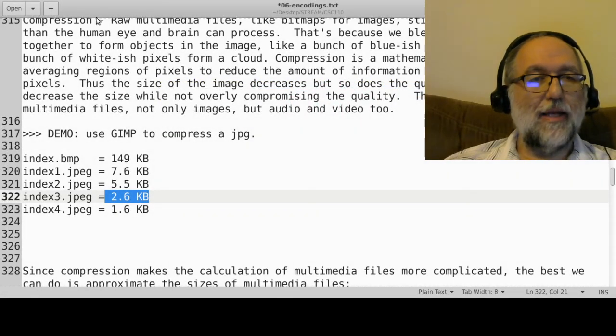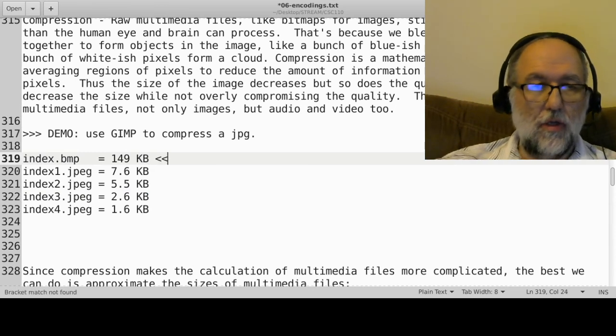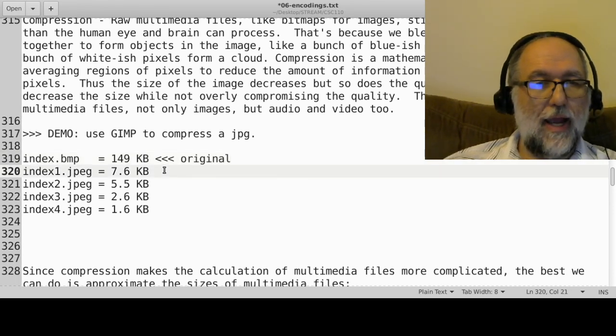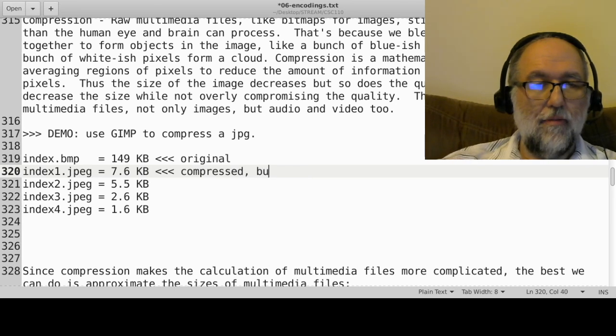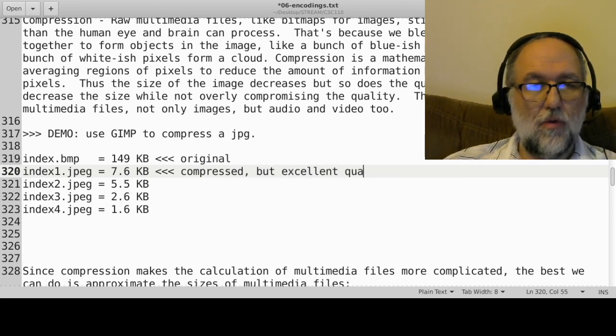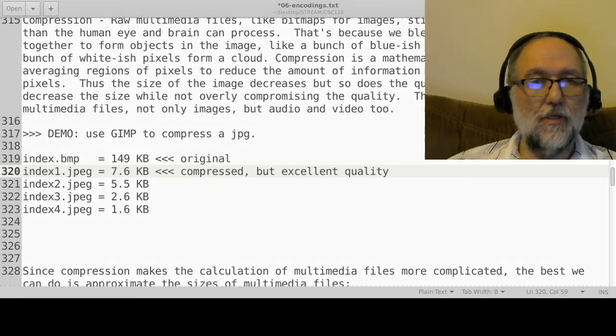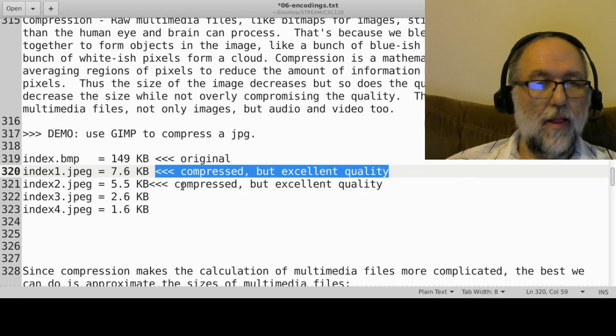Basically, this is the original, as good a quality as you're going to get. This is compressed, but excellent quality. Still excellent quality. The next one is compressed more.